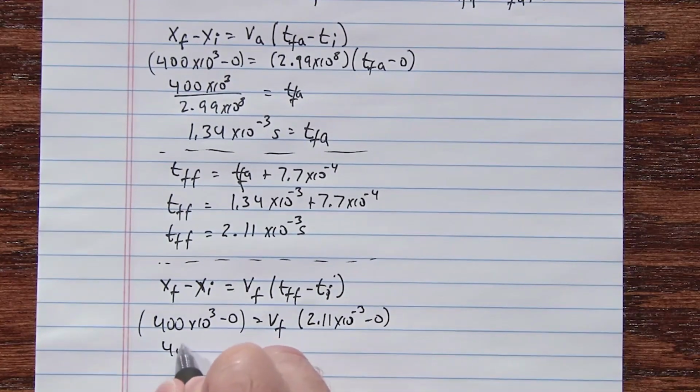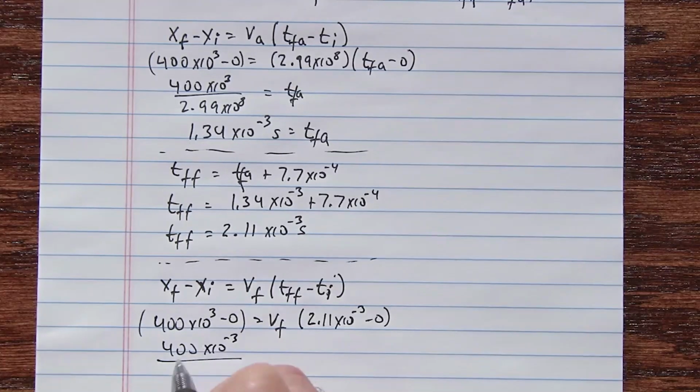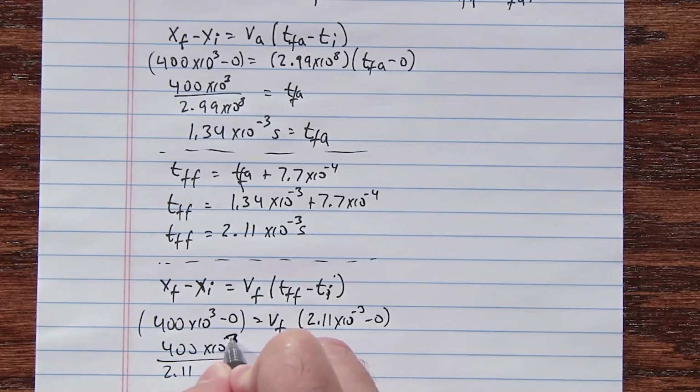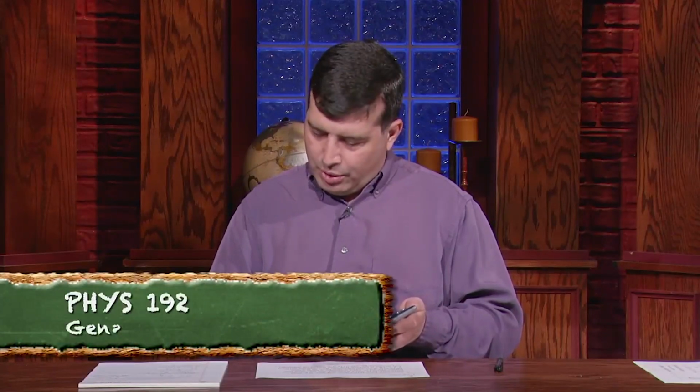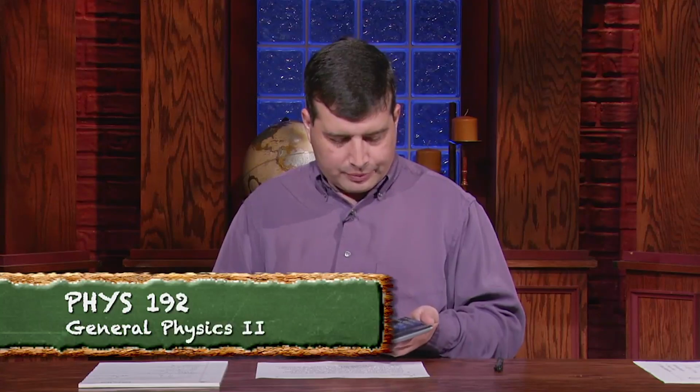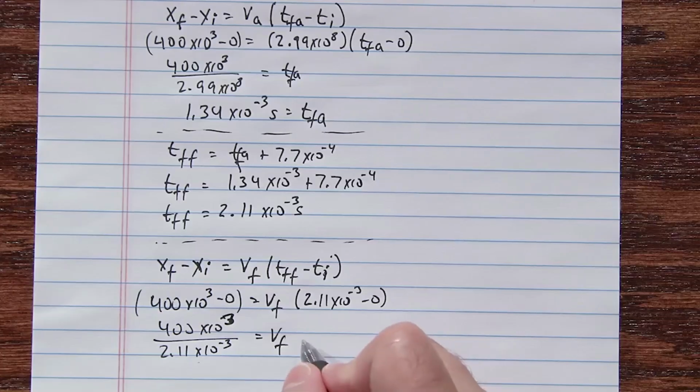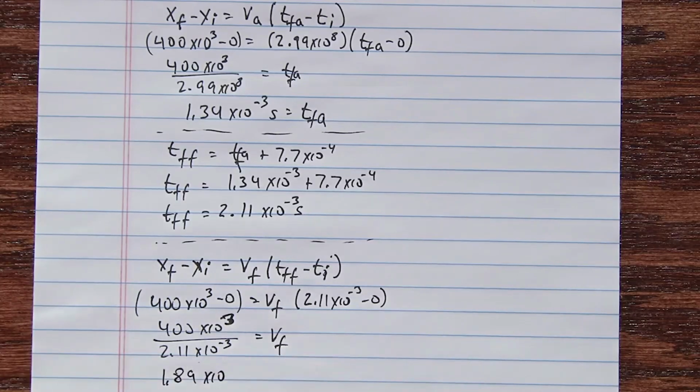And that tells us that 400 times 10 to the 3, 10 to the positive 3, divided by 2.11 times 10 to the minus 3 is equal to the speed in the fiber, which is 1.89 times 10 to the 8 meters per second, the speed of the signal in the fiber.